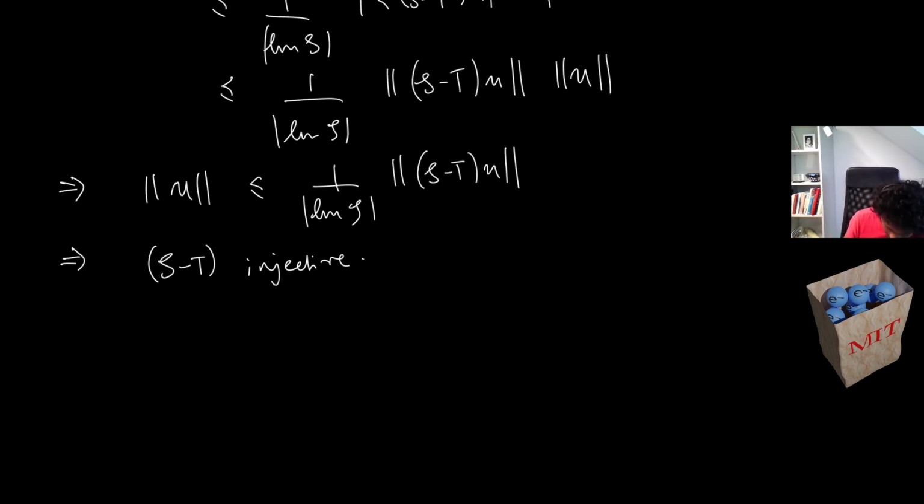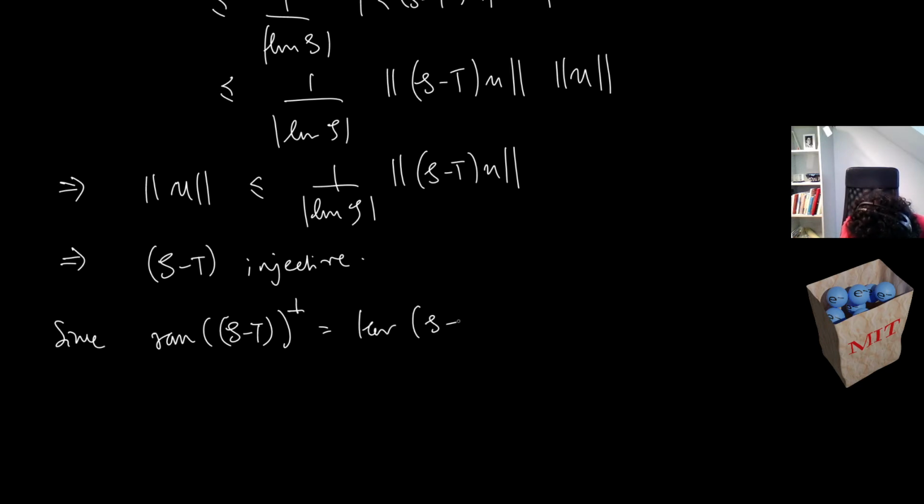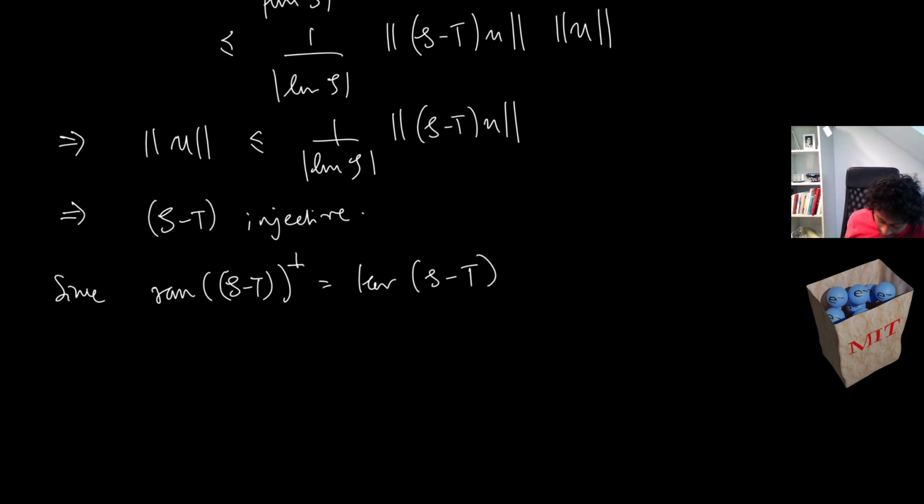So in a Hilbert space, the range of zeta minus T, perp, is equal to the kernel of zeta minus T, and this relation holds within the Hilbert space.